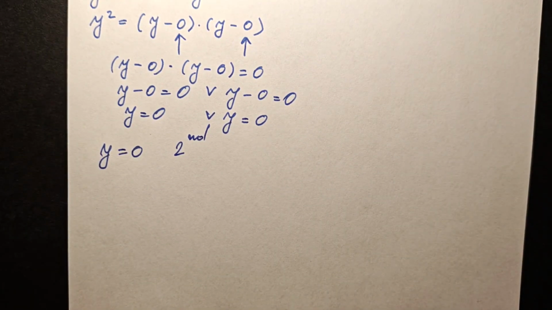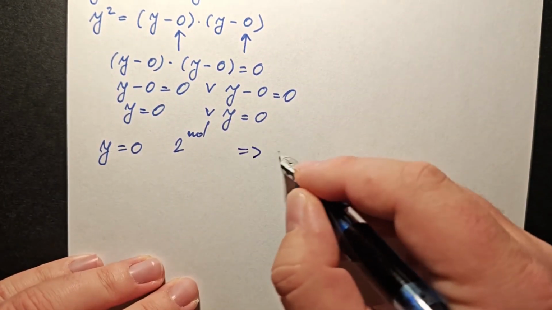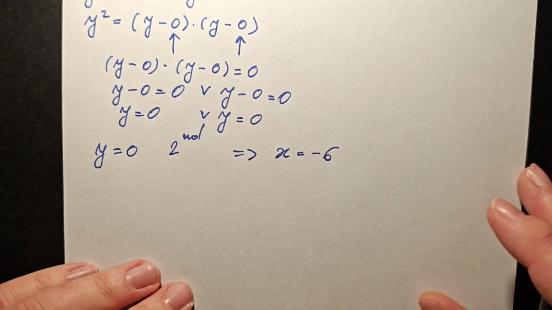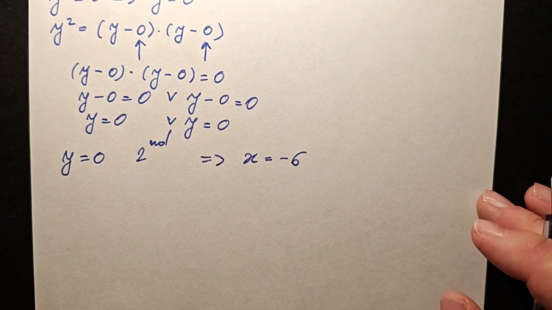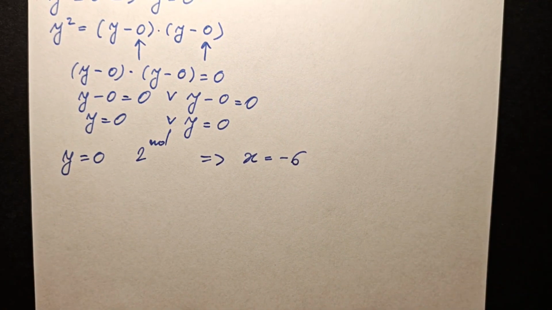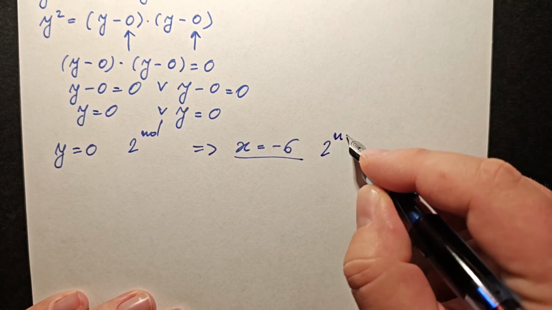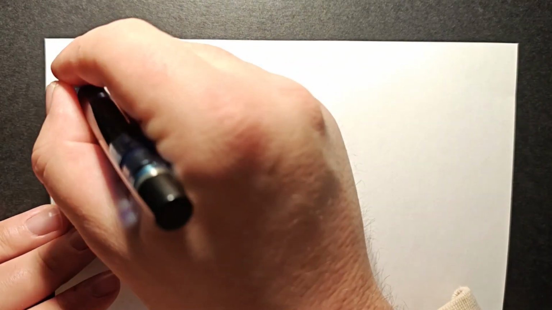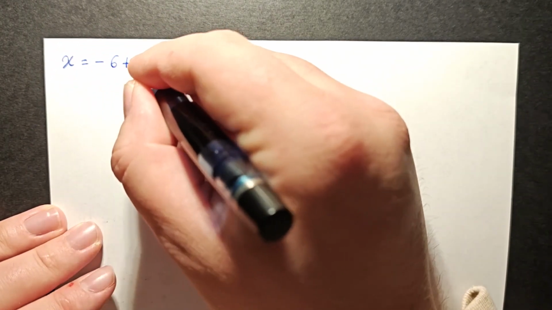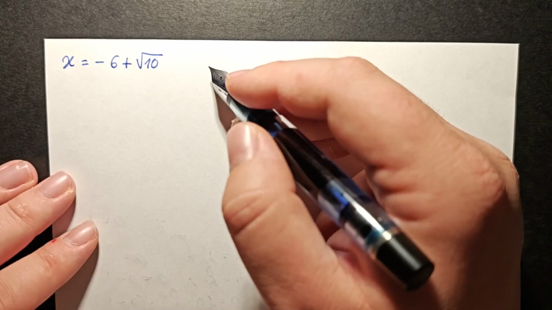From this root y is equal to 0, we get that x is equal to negative 6 when we return the substitution, and that is the root of our beginning problem. And this x is equal to negative 6 is again a root of second degree. So finally, we have the solutions of our problem. X is equal to negative 6 plus the square root of 10.